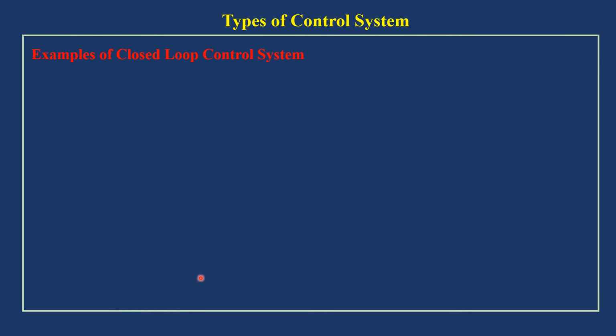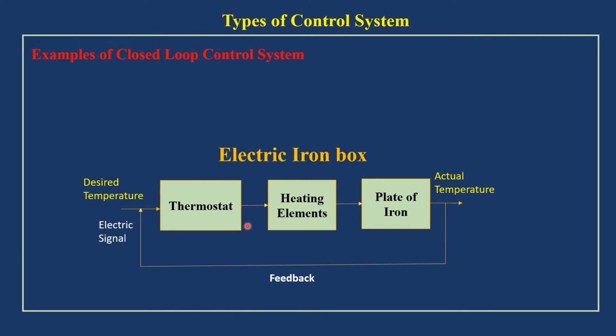The good example is the electric iron box. This is the block diagram of the electric iron box. It consists of a thermostat, heating elements and the plate of the iron. Thermostat and heating elements act as the controller. The desired temperature will be given as the input. The thermostat and heating elements generate heat for the plate of the iron.